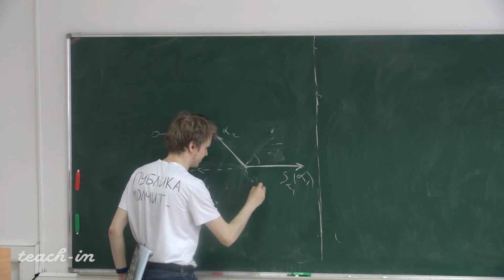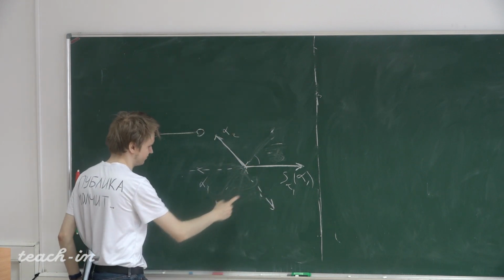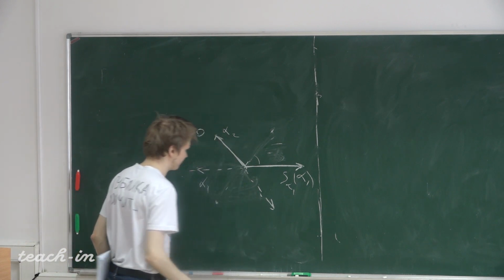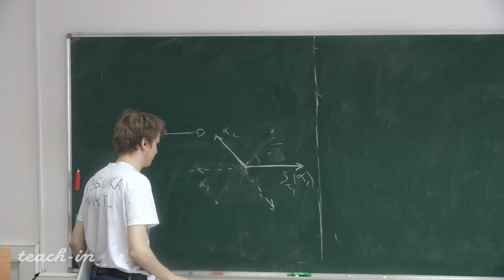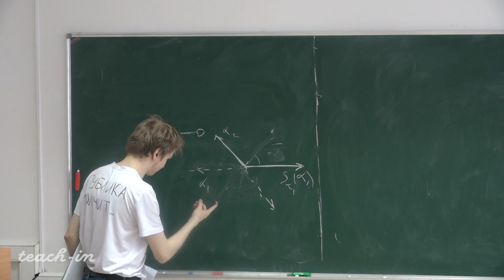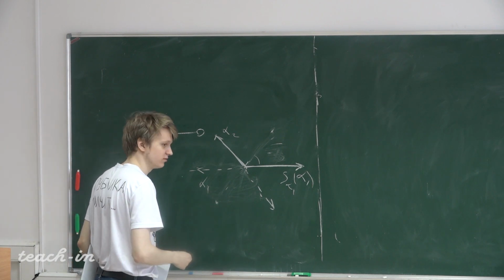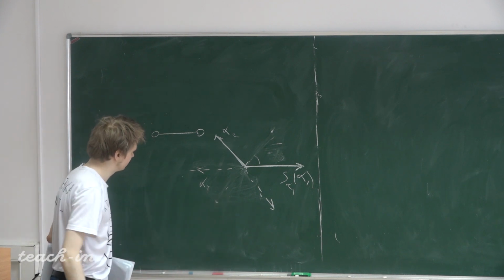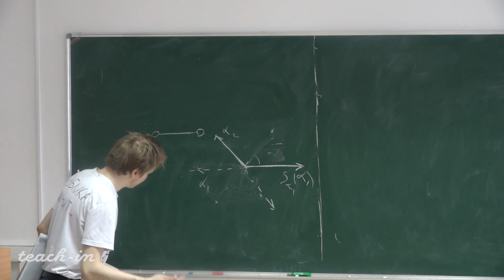The same can be said for this one. And then you need to just check that alpha2 by reflections can be mapped to alpha1 and the other way around.